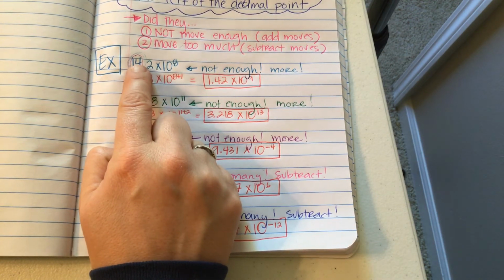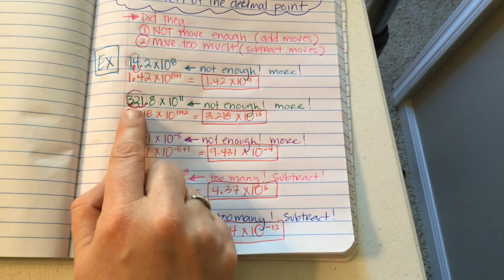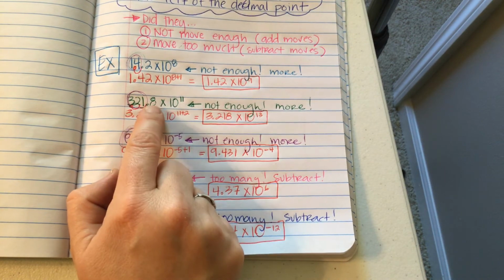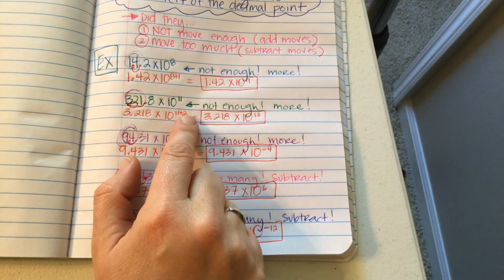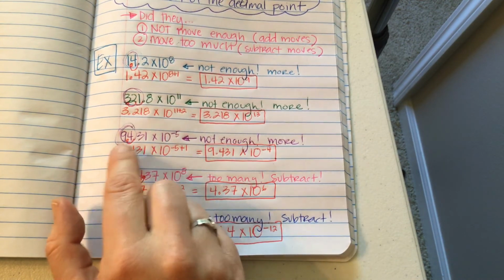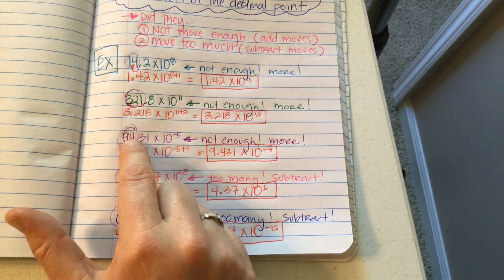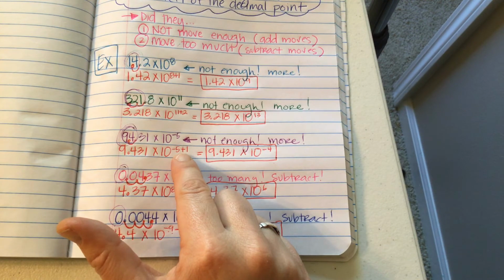So I had to give it one more move, so I had to add one more to my exponent. Here I had a 3-digit number to the left of my decimal. So I had to move 2 more times, meaning I added 2 more moves to my exponent. Here I had a 2-digit number. So I had to do one more move, meaning I added 1 to my exponent.